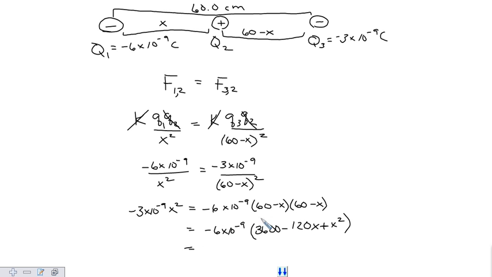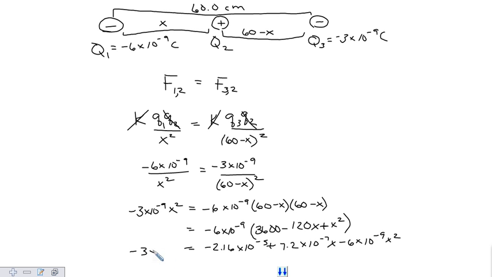When I then distribute this, I'm going to get negative 2.16 times 10 to the negative 5th plus 7.2 times 10 to the negative 7th x minus 6 times 10 to the negative 9th x squared.